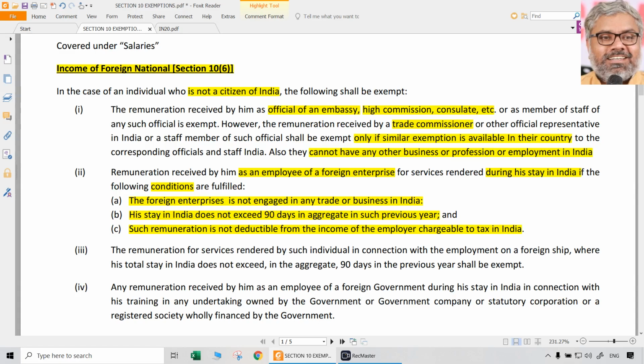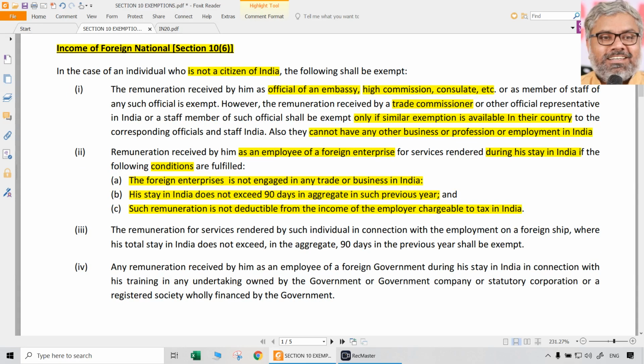So three conditions are there. If these three conditions are satisfied, foreign nationals who are employees of the foreign enterprise rendering some services in India will have an exemption under 10(6) for the remuneration that they receive in that period. The conditions are: point number 1, the foreign enterprise should not be engaged in any trade or business in India.